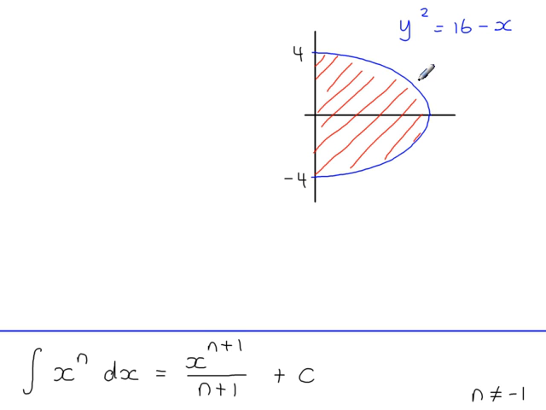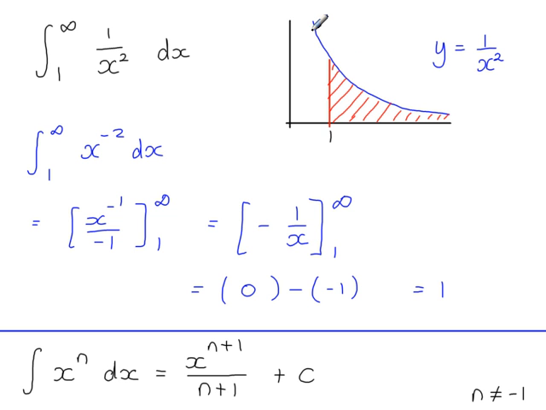In this example, we're looking for the area that's bound between the curve and the y-axis. In the previous two examples, the area was bound between the curve and the x-axis.